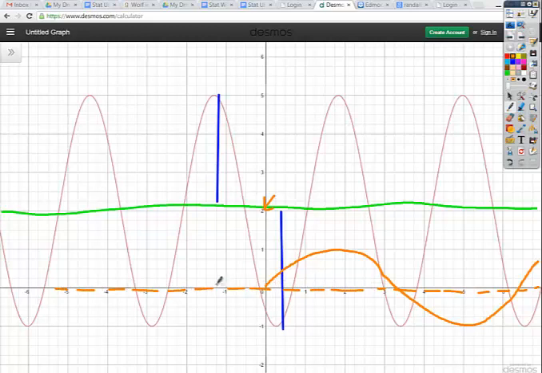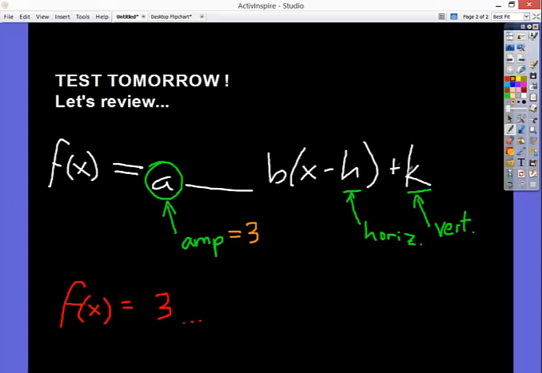If I translate this up, remember, K is the vertical slider. If we change K, we're shifting the graph up or down. If K is positive, we shift it up that many units. If it's negative, we shift it down. But we keep the same shape of the wave.